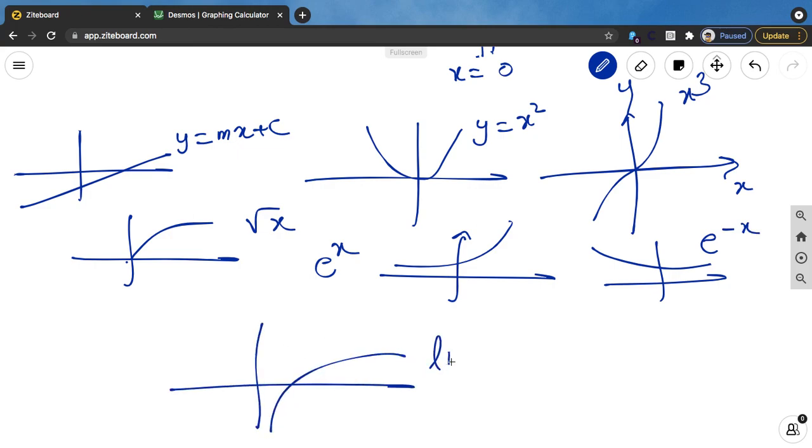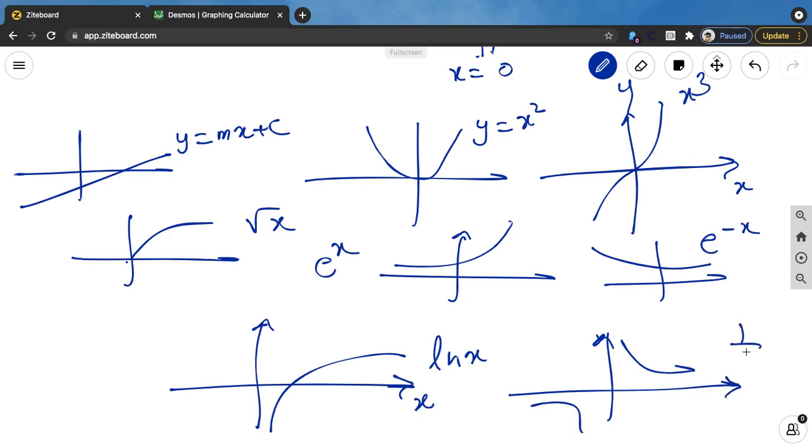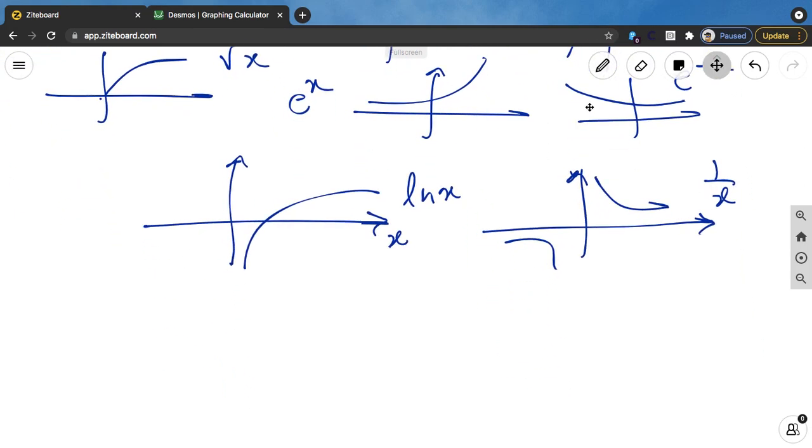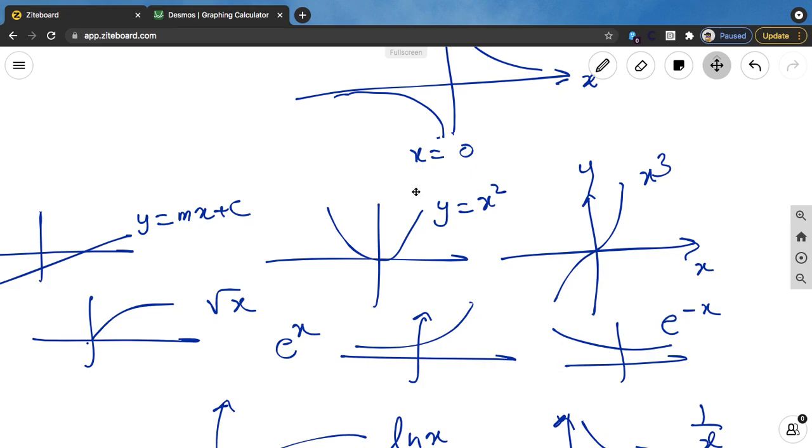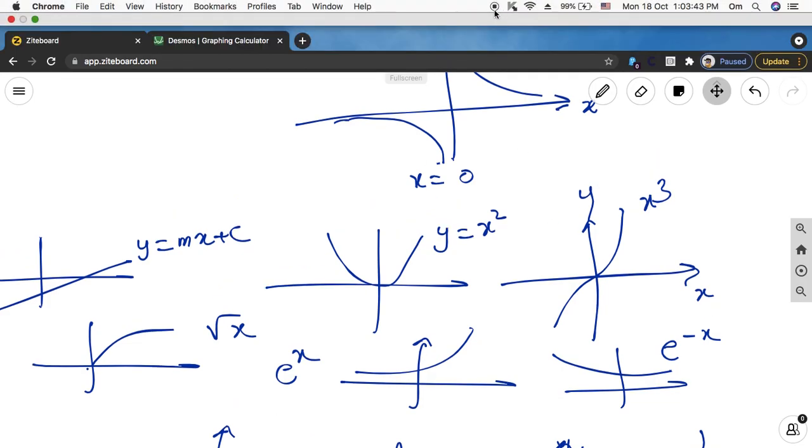And I have ln x. 1 by x, 1 by x square, and finally 1 by x cube, very similar to 1 by x, so we will not graph it again. So these are some of the graphs that you should be knowing without the calculator, and all transformations of these graphs.